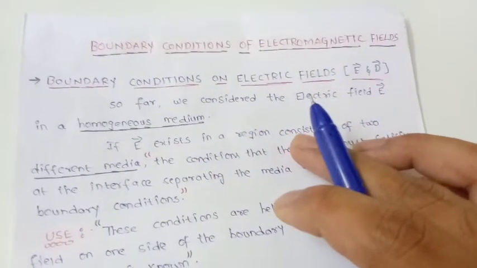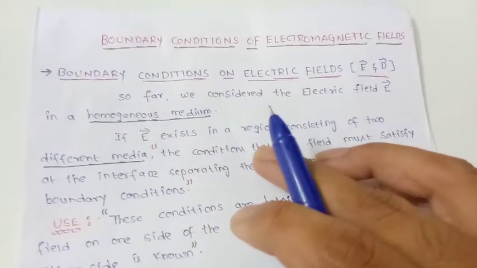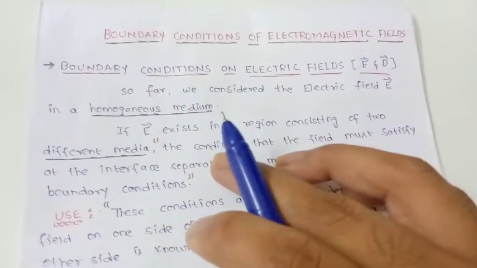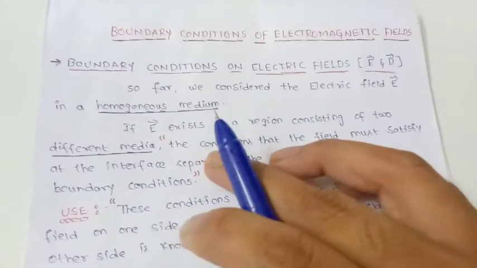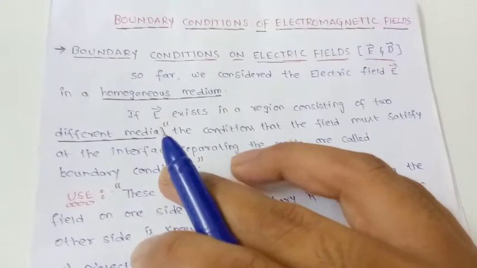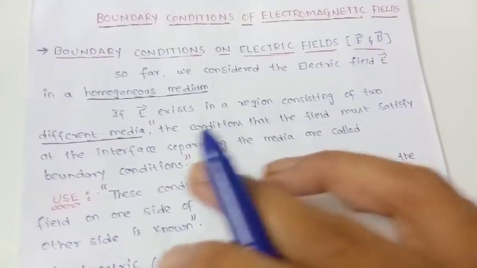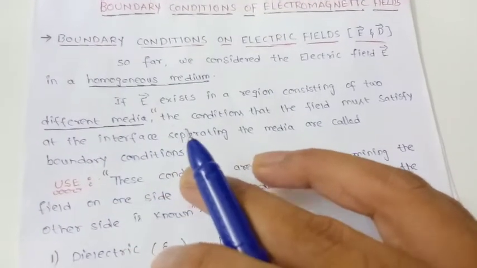This is the concept. So far, we considered the electric field in a homogeneous medium, that means in a single medium. Now let us assume that the electric field exists in a region consisting of two different media.